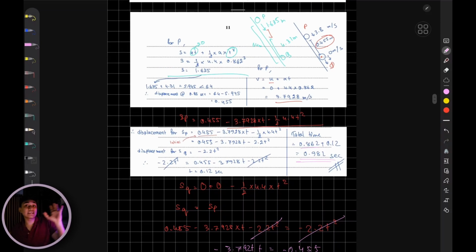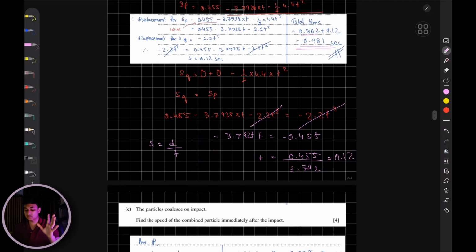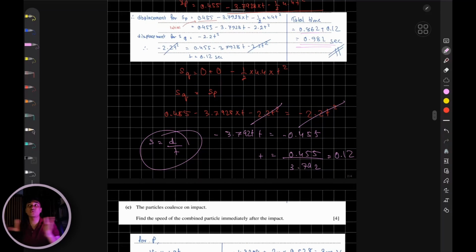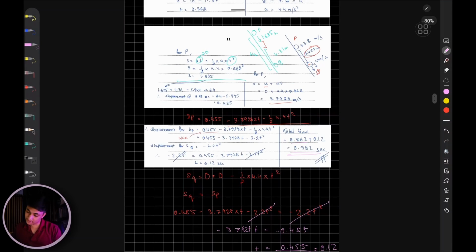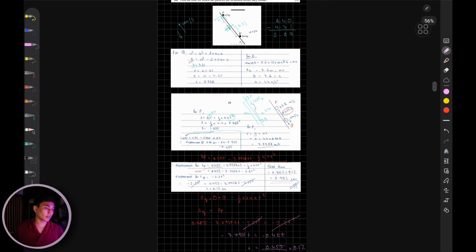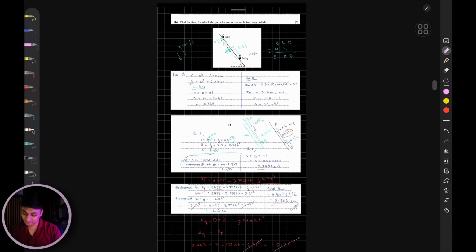Now, in the case both of those had different acceleration, because both of those are accelerating at different rates, and if they had added that part as well, this question would have gotten even more complicated. So anyways, this was part B, the most complicated part of this paper.